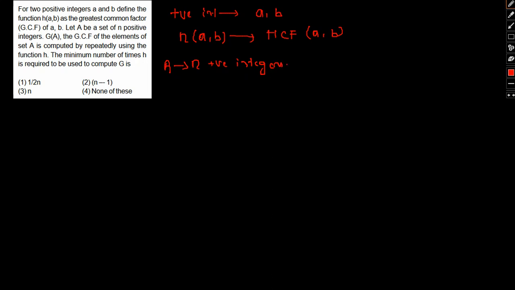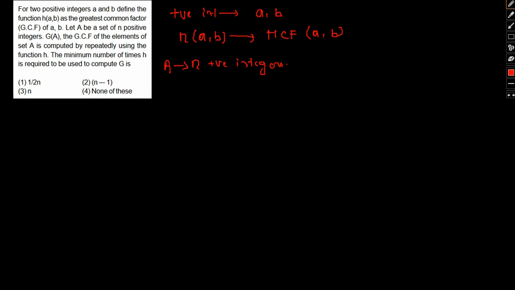The greatest common factor of the elements of set A is computed by repeatedly using the function h. The minimum number of times h is required to be used to compute g is basically, okay.